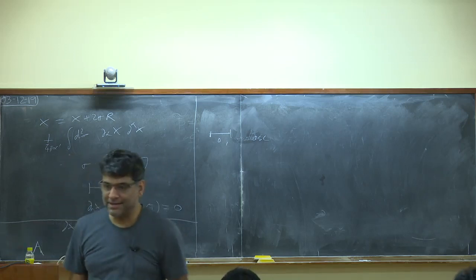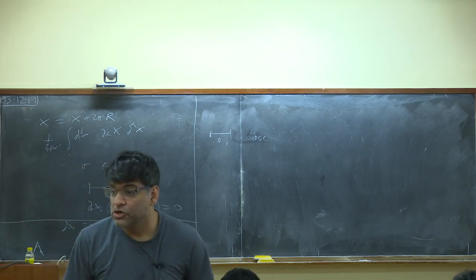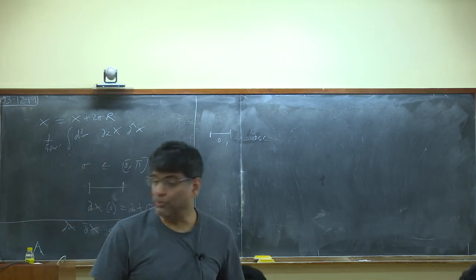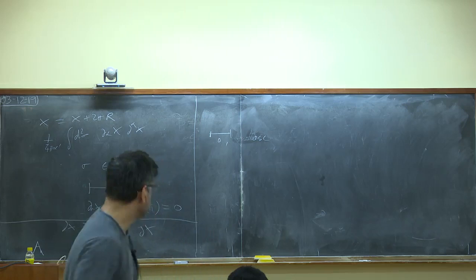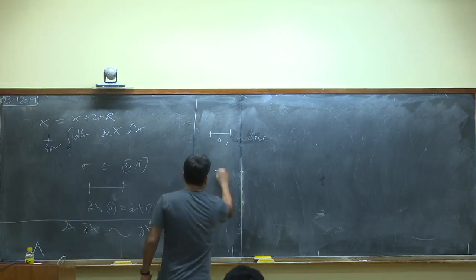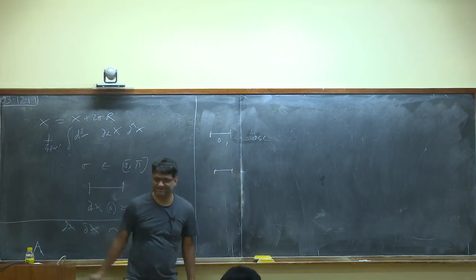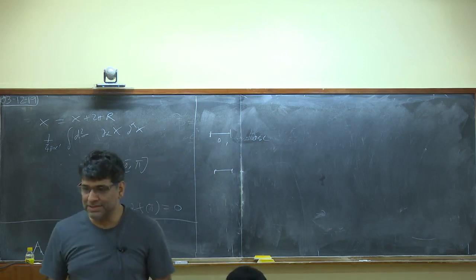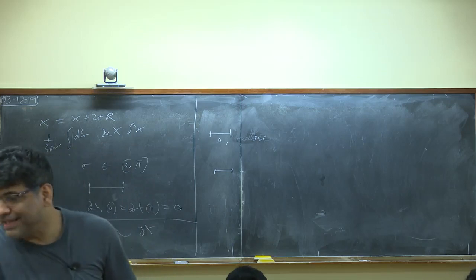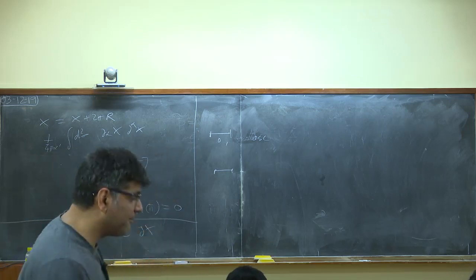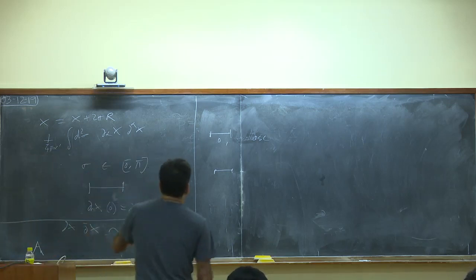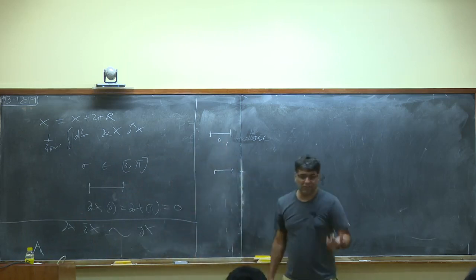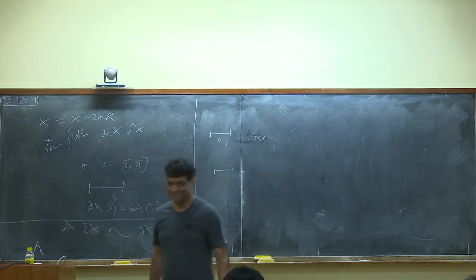The zero mode is affected, but in the open string sector, not through winding modes, because the open string is just open. It can't wind. So not through winding modes, but only through the effect on the zero mode by making the zero mode periodic.